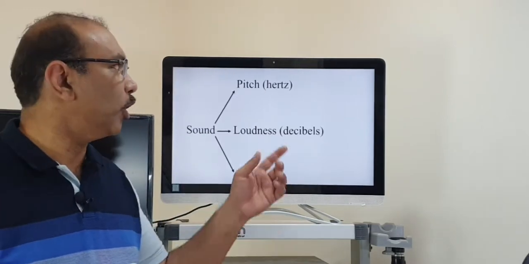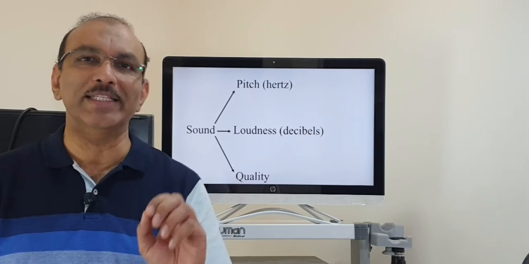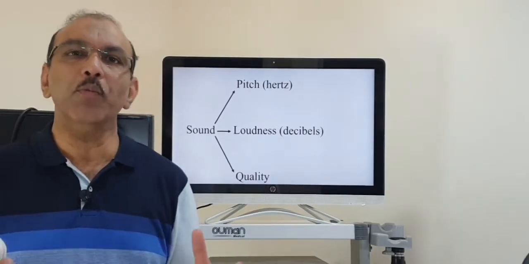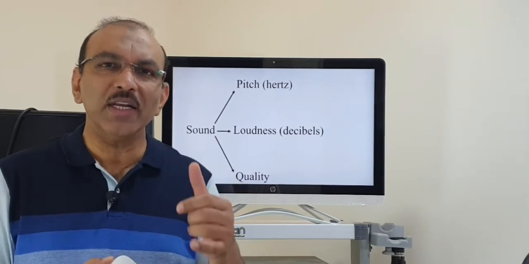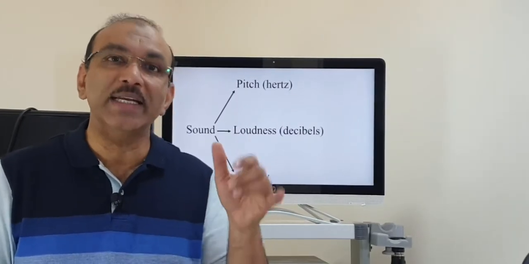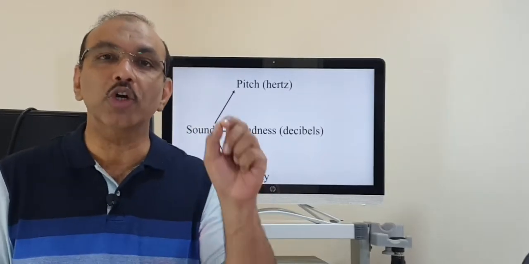So now I have told you about pitch and loudness. Now coming to the last one, that is quality. I will give an example so you will understand better. While I am working in the hospital, suppose my daughter calls me from home. When she utters the first word, hello, that is enough for me to recognize that it is my daughter calling from home.